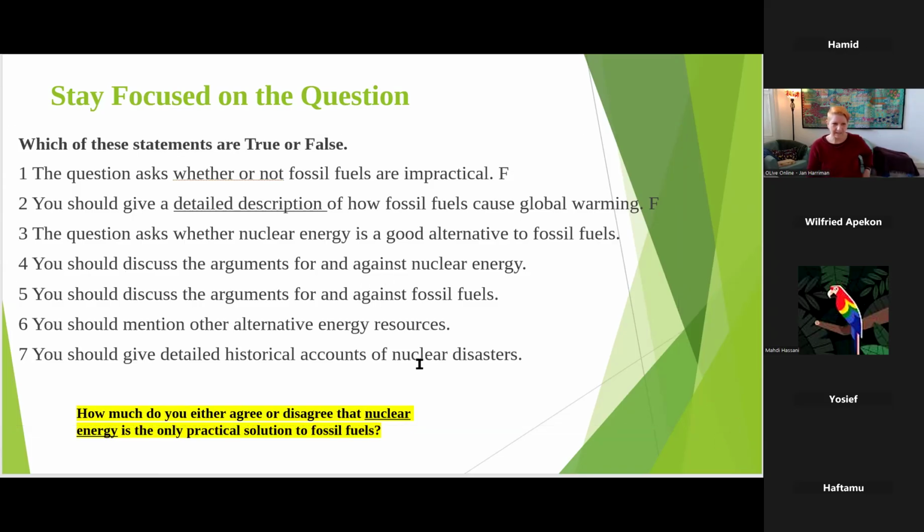The question asks whether nuclear energy is a good alternative to fossil fuels. Is that correct? Yes. Now we've got one. Excellent. You should discuss the arguments for and against nuclear energy.